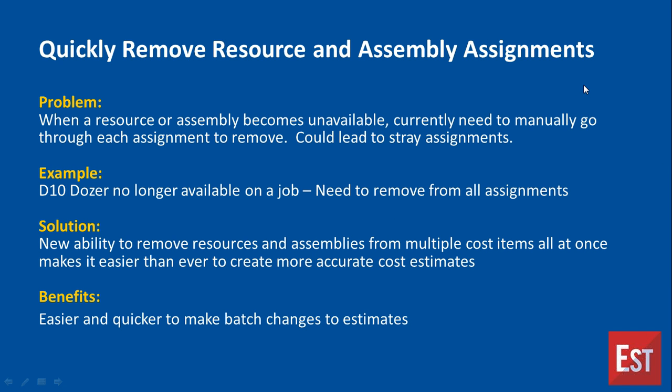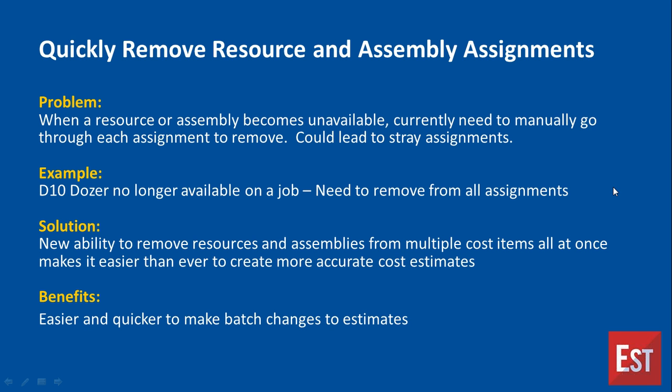All right, thank you. Another usability enhancement that helps with creating more accurate estimates is the new feature of quickly removing resource and assembly assignments. In the past, when you wanted to remove a resource or assembly, like a D10 dozer that is no longer available, you needed to go one by one through all of the assignments.